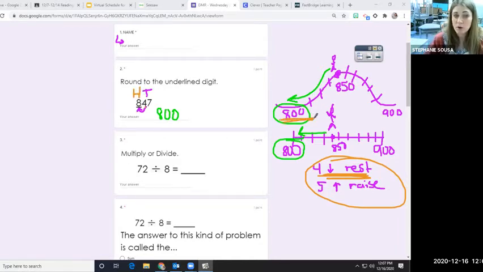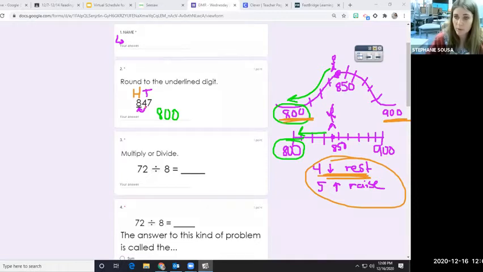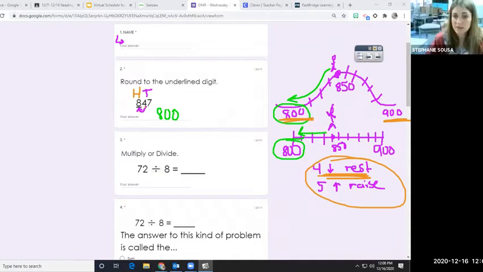So our benchmark numbers should be 100 numbers. Okay? Yeah, I got confused and I thought it was 947. Gotcha. Well, now we're reminded that when it's underlined, the place value next to it is going to be the boss.